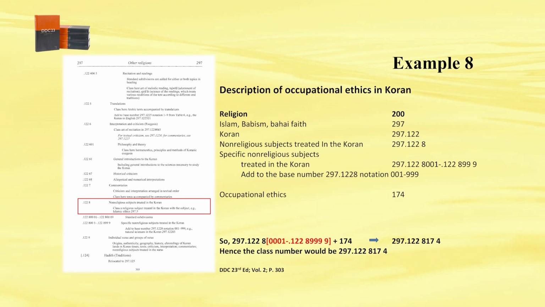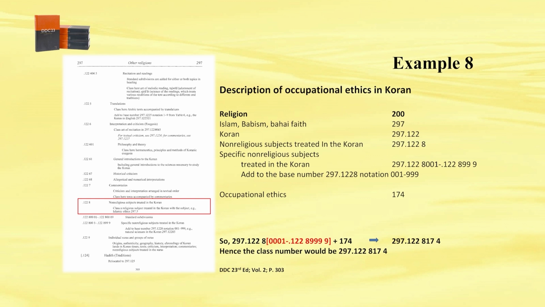Now, here you can see that the book tells us about the description of occupational ethics. Occupational ethics cannot be a religious topic. So it is a non-religious topic dealt with in the Quran. In this particular case, that is occupational ethics, how it was dealt with in the Quran.